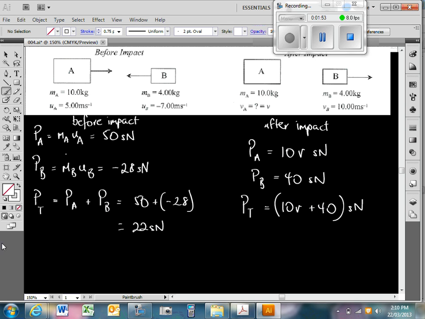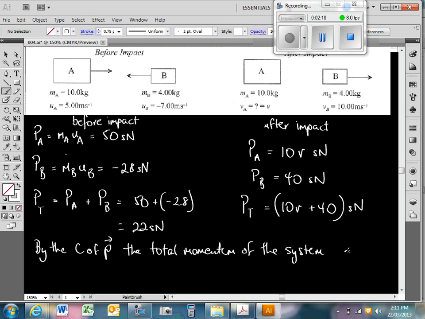I was looking for this: by the conservation of momentum, the total momentum of the system before is equal to the total momentum of the system after. Okay?